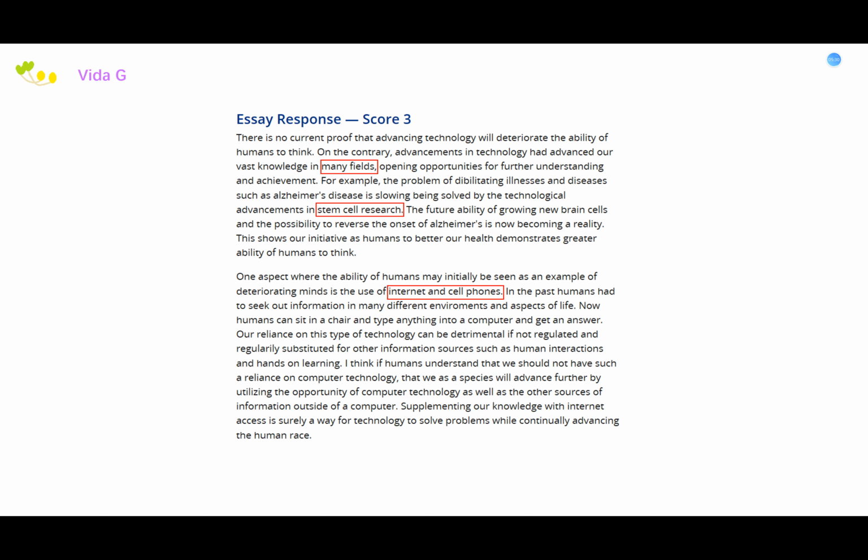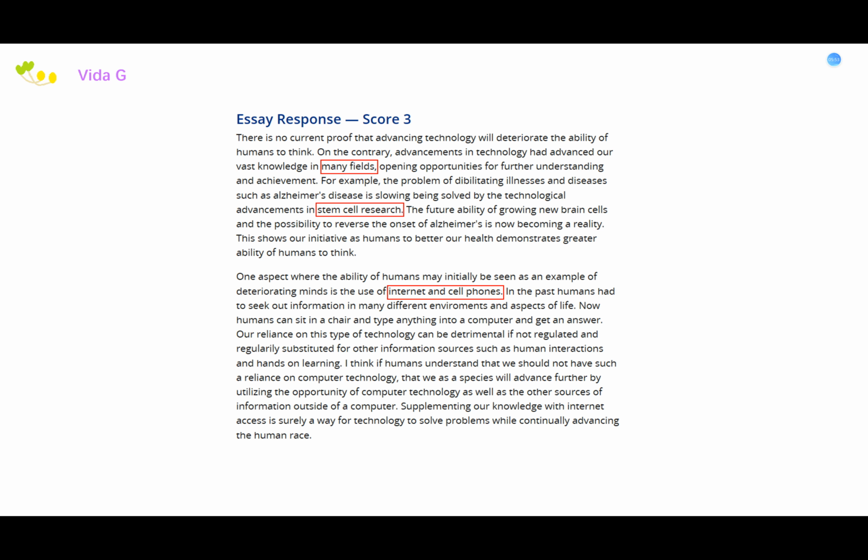Let's take a look at a sample response from a GRE issue essay. This is a score 3. This essay has made the mistakes that I just talked about. "So many fields."